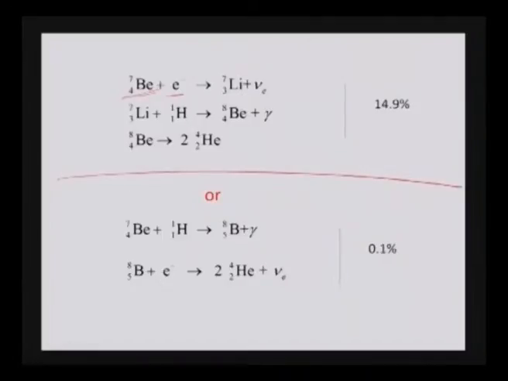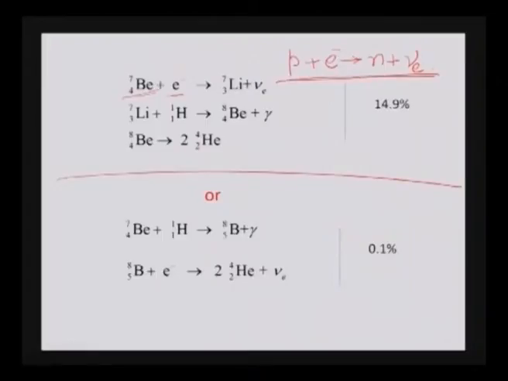So, you can have this reaction, a proton and an electron giving you a neutron and a neutrino. In the usual beta decay, you remember, a proton goes to a neutron, a positron and a neutrino. So, you can bring that positron from the right side to the left side and you will get this reaction.